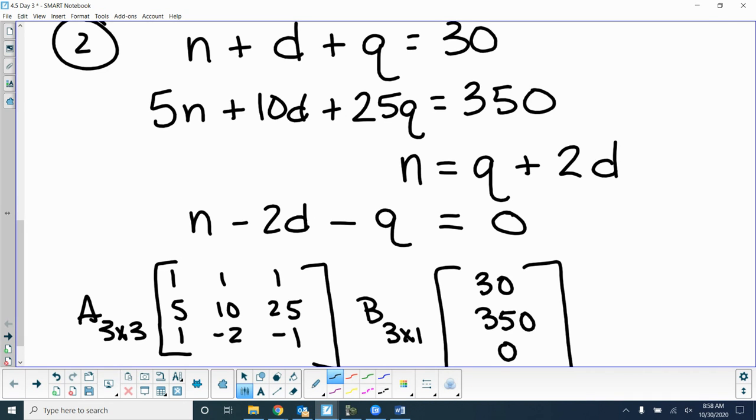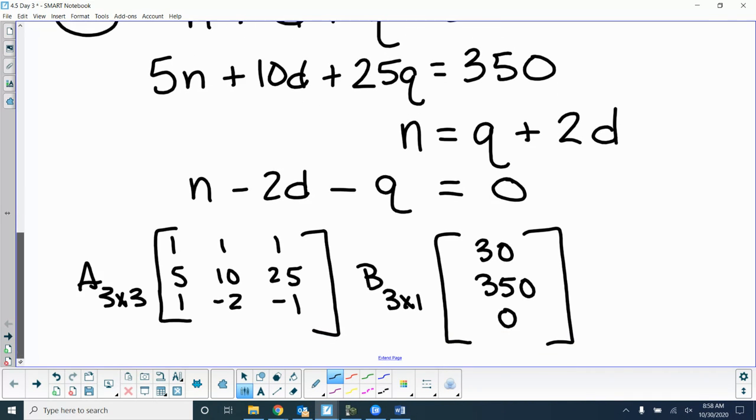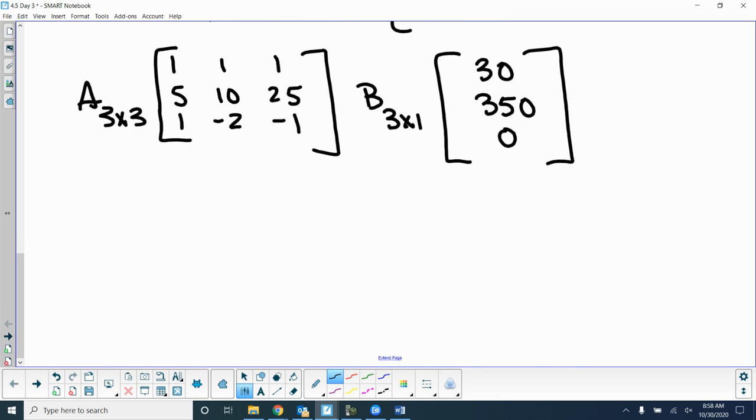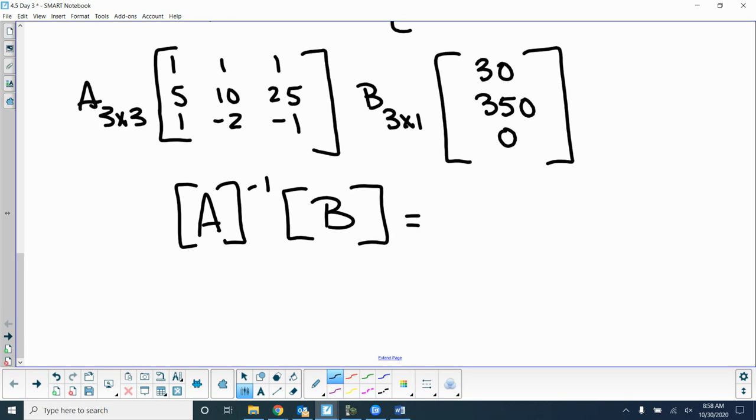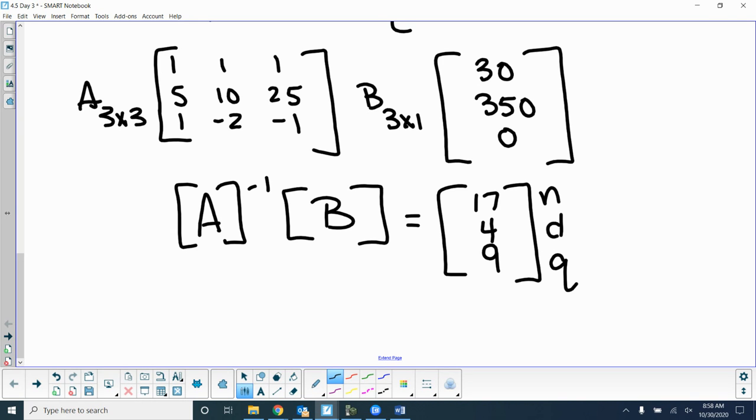And then we do A inverse B. Don't forget the inverse part. And that gives you 17, 4, and 9. So that's 17 what? Nickels. 4 dimes. 9 quarters.